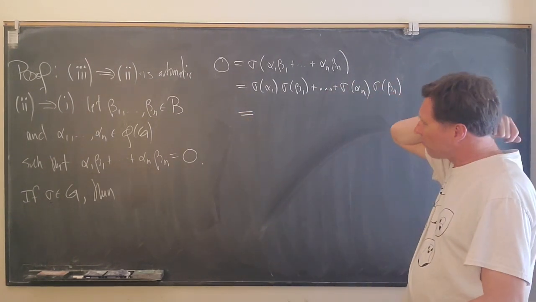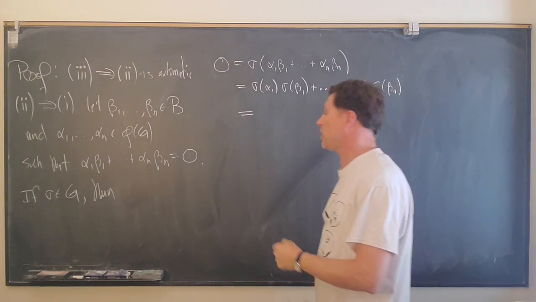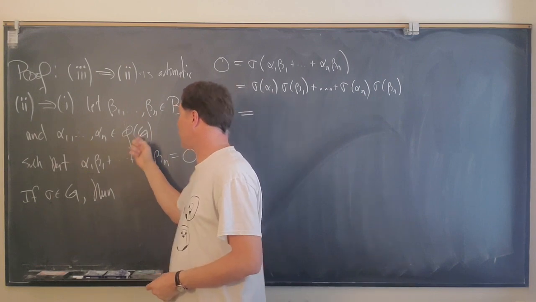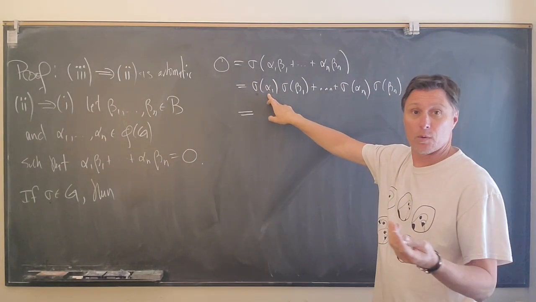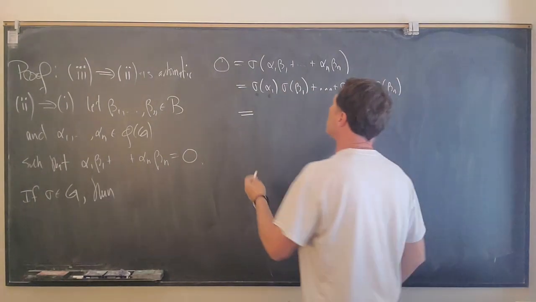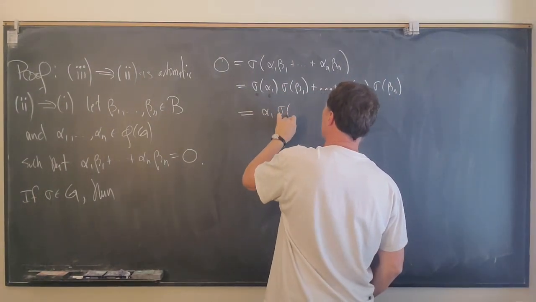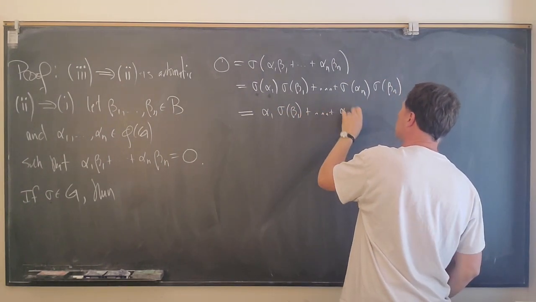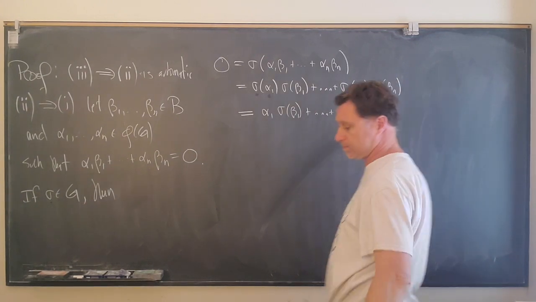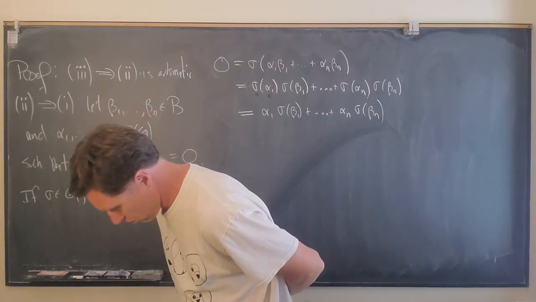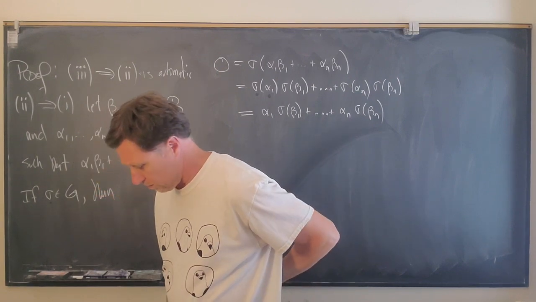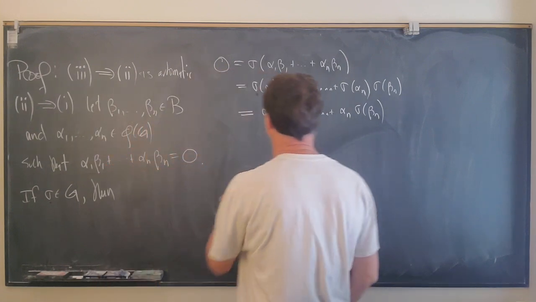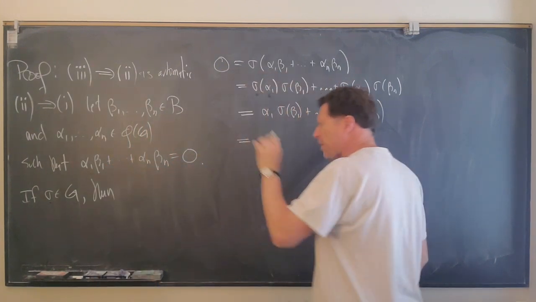Now these alphas came from phi of G, which means that they are fixed by every element of G. So, for example, sigma of alpha 1 has to equal alpha 1, sigma of alpha 2 equals alpha 2, and so on. So this is alpha 1 sigma beta 1 plus dot dot dot plus alpha n sigma beta n. Now I want to use the capital T notation.